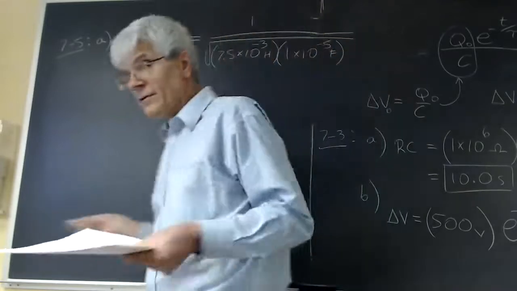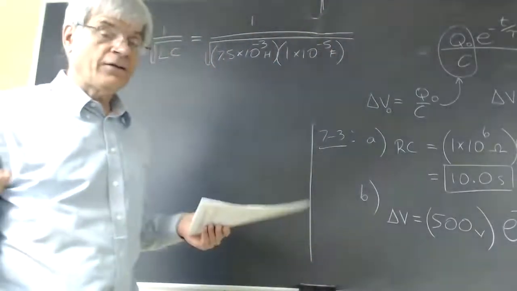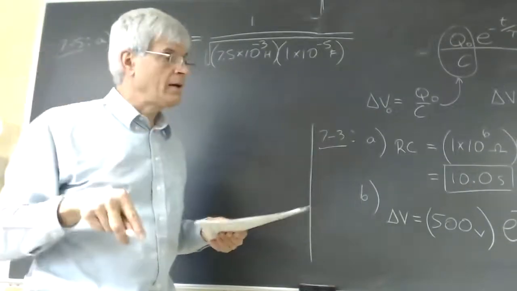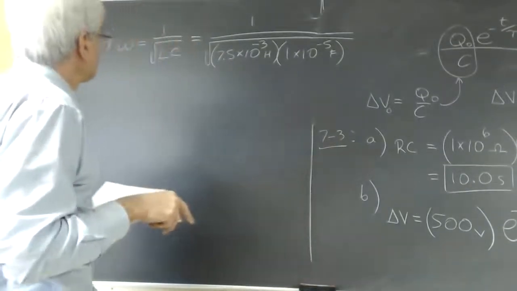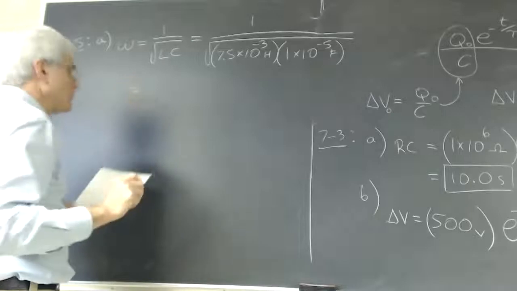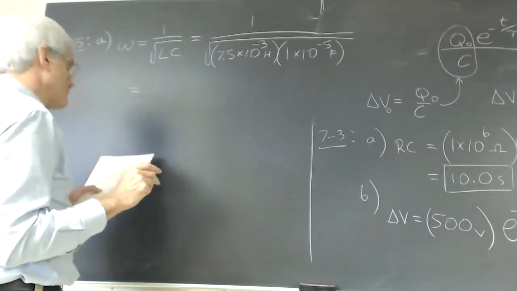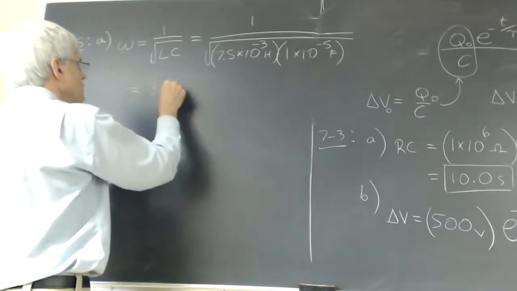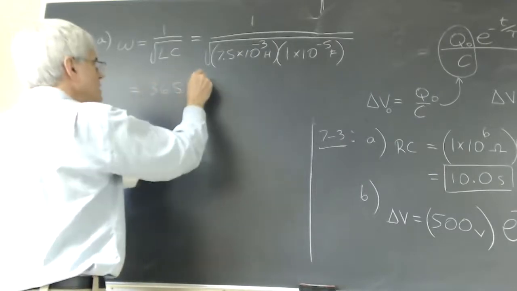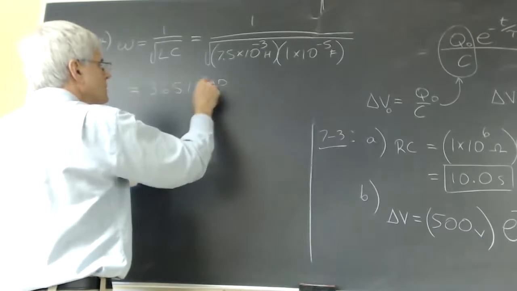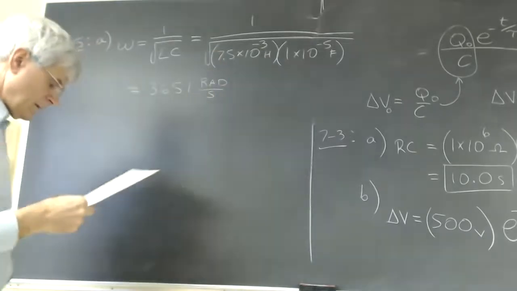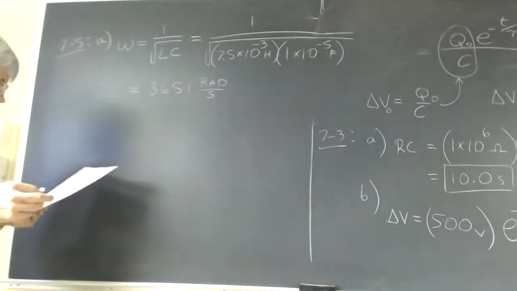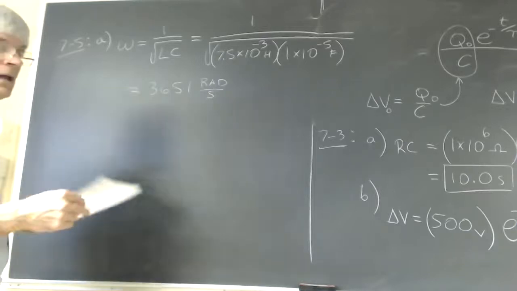Although, if it's easier for you, the calculator should accept it as 10 times 10 to the negative 6. That comes out 3651 radians per second.